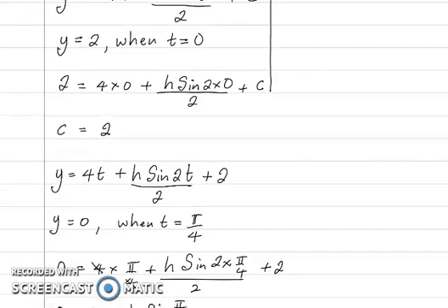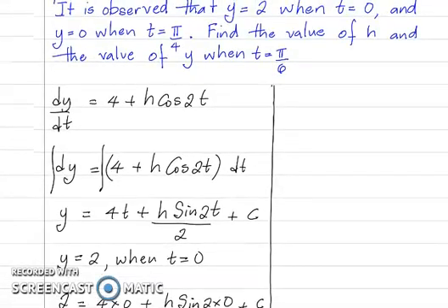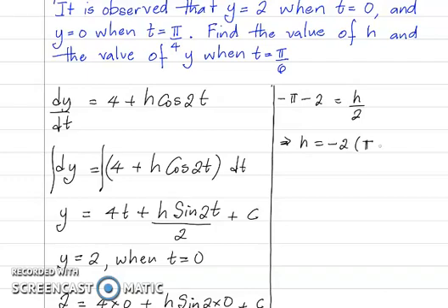So what we have is minus pi minus 2 is equal to h over 2. So therefore h would be equal to minus 2 into pi plus 2. All right, so we know what h is.